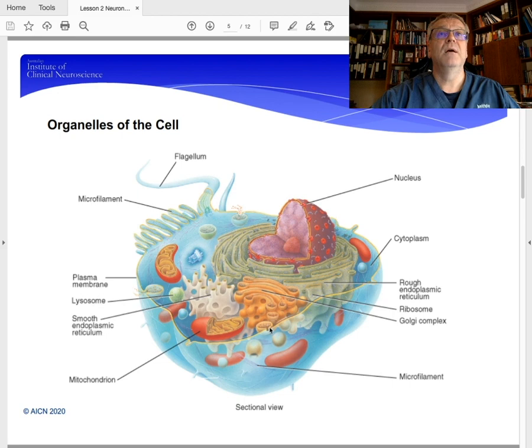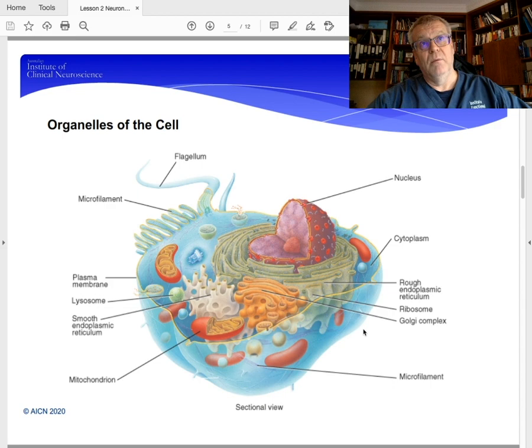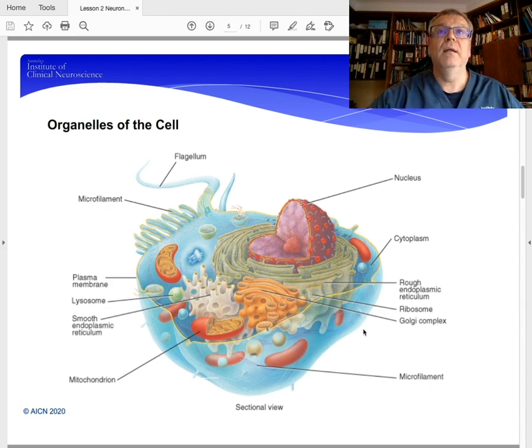There are also these vesicles, which will join the membrane and expel different substances into the extracellular space. So this gives you a three-dimensional picture of what's happening inside that cell. And these are some of the organelles that are now surrounded or encased in a membrane, which is not what happens in the prokaryotic cell.